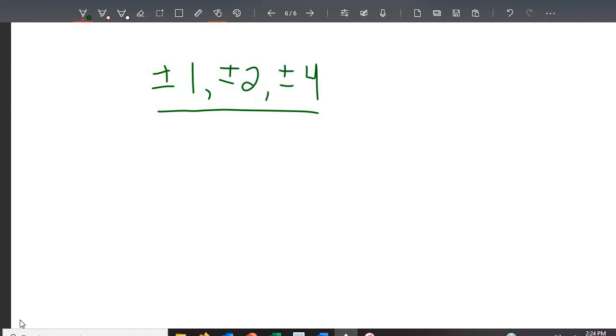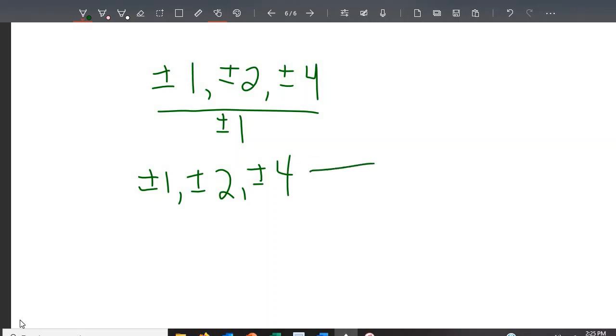The factors of the last number go up top. The factors of the first number go in the bottom, and it was just a 1, so that's good. Then you take each number in the bottom and divide it into each number in the top. In this case, we're just dividing by 1, so this is what we end up with.